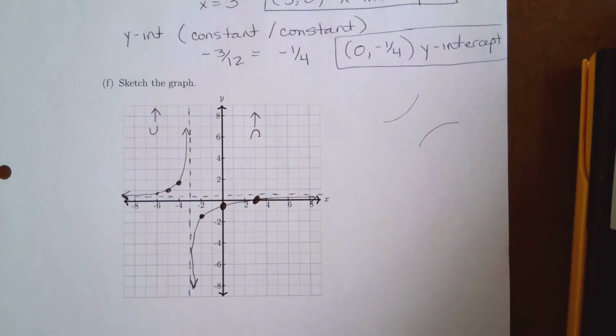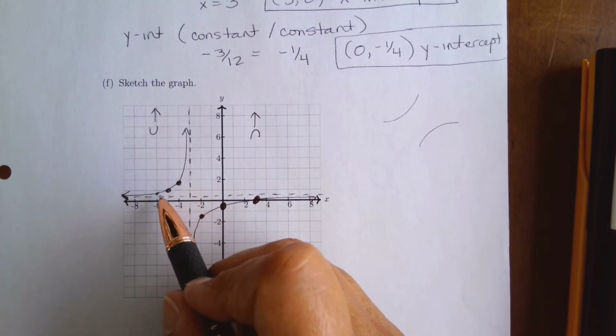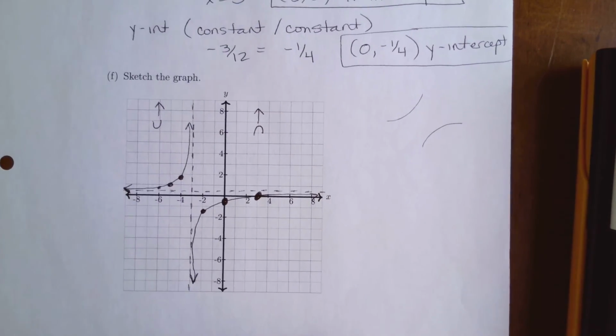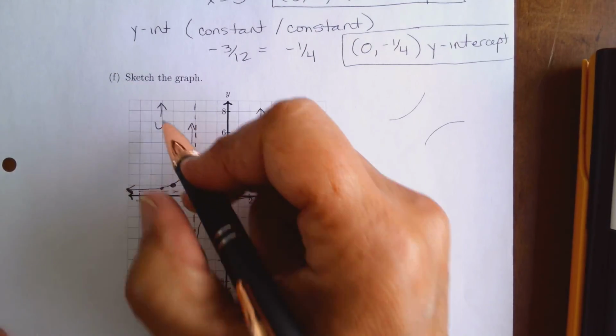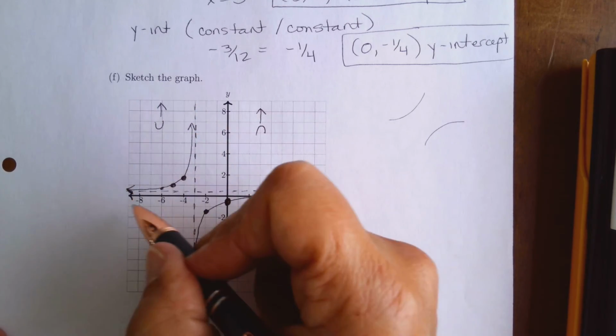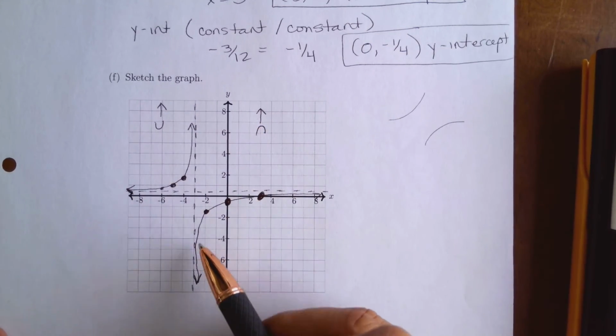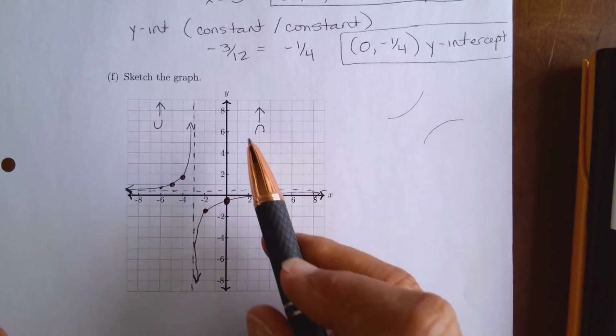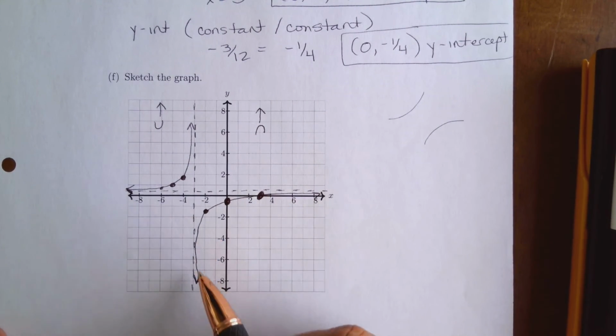So if I couldn't already see the way this graph was going based on those points, I knew that I have concave up increasing, which is that. That's concave up and increasing. And on this side, we're increasing, but concave down, which is that shape, right?